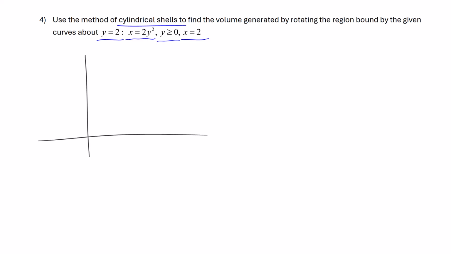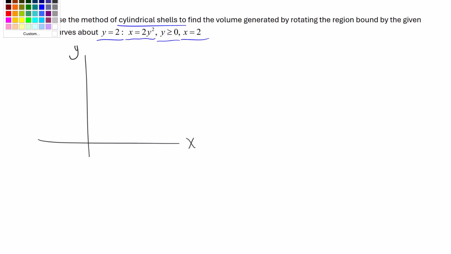So we'll draw just kind of a basic horizontal x-axis, vertical y-axis, and then let's do a couple things. First of all, note that we're rotating about the line y equals 2. That is a horizontal line where y is 2.